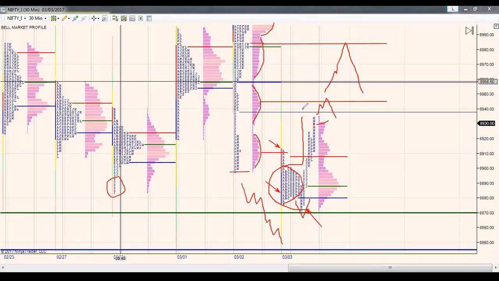If we fail at this immediate reference, there is every chance that we will come down tomorrow itself and test this level or this level. But if at all we start finding acceptance in this zone, absorbing the sellers from here, then there is a chance that we might go higher and test higher references, and then decide whether to accept here and continue, or immediately reject from here.